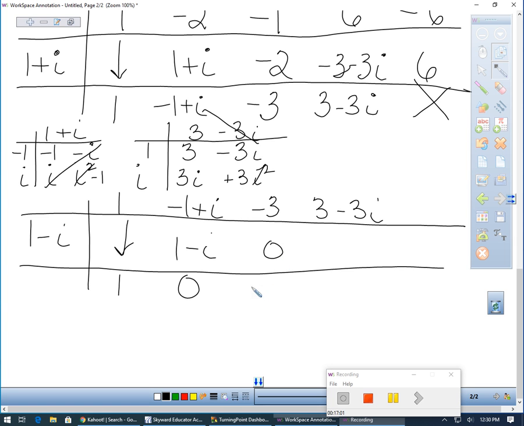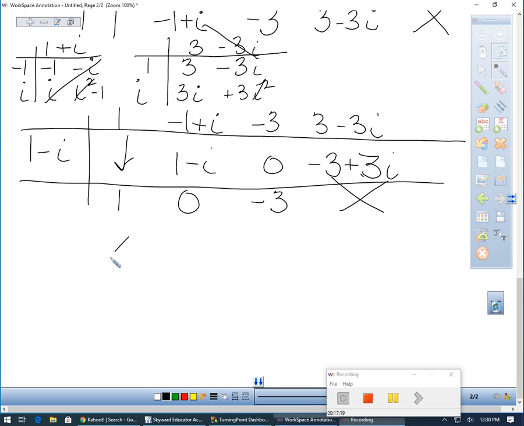Add these together, we get negative 3. 1 minus i times negative 3. Yeah, so we have no remainder. What do we have left? x squared minus 3.